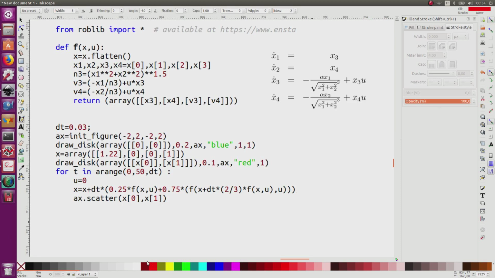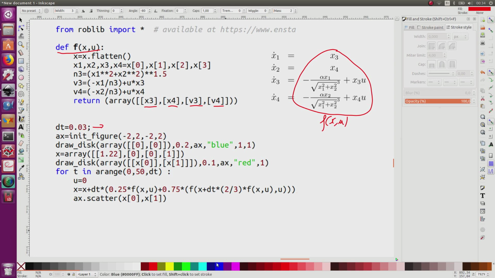This is a Python program I propose. First, I have to implement the function f of x and u, which returns the four-dimensional vector in this array. Then this is the main loop. dt corresponds to the sampling time.